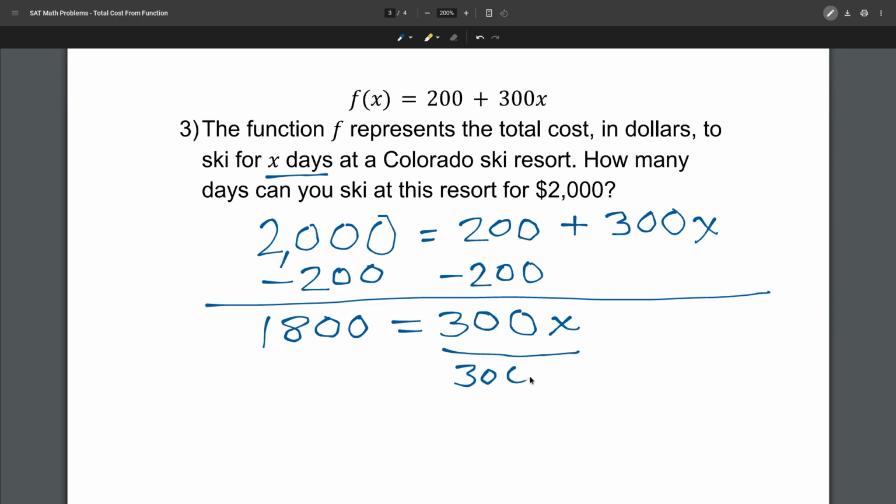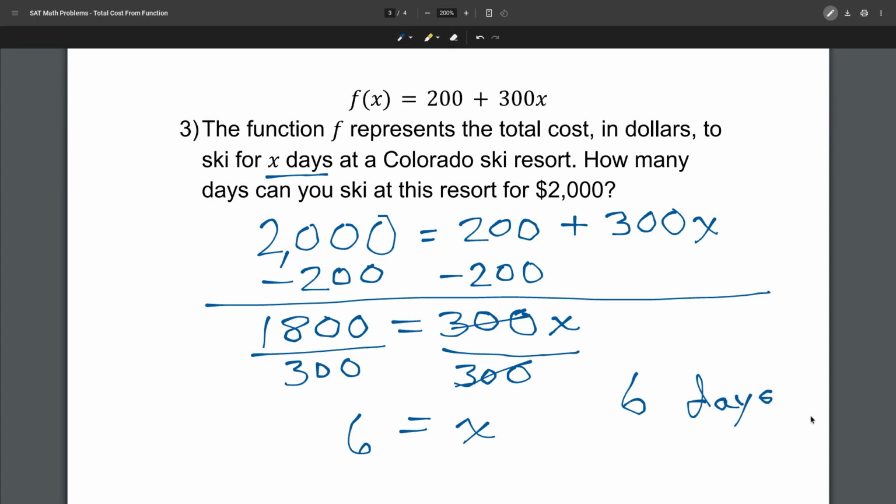We'll divide both sides by 300. 1,800 divided by 300 is 6. And again, this is just going to be 1x or just x. So we can ski at this ski resort for 6 days.